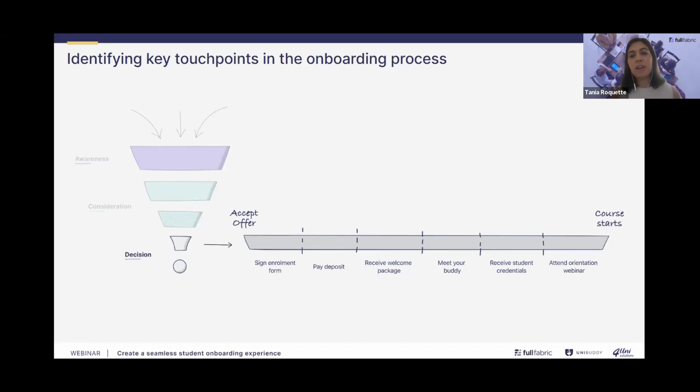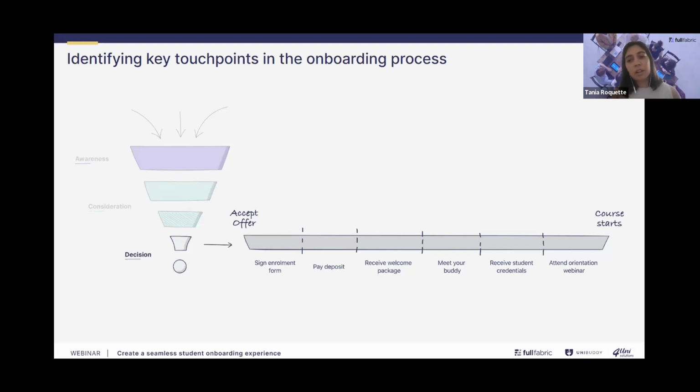To create an effective onboarding program, it's imperative to identify all these onboarding steps and touch points, which will be different from institution to institution and from program to program. It's also important to track what actions are required from both the staff and student side, and what teams are involved, which is often a challenge because multiple teams are involved during this phase, so communication is quite often inconsistent throughout these stages.